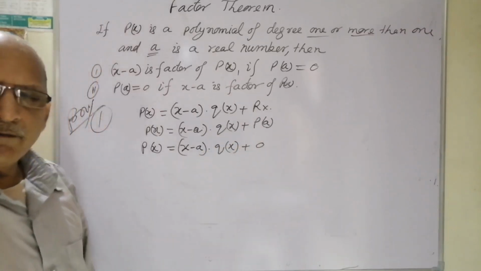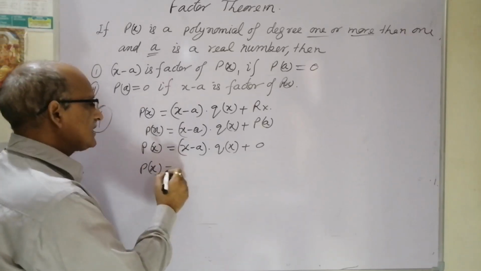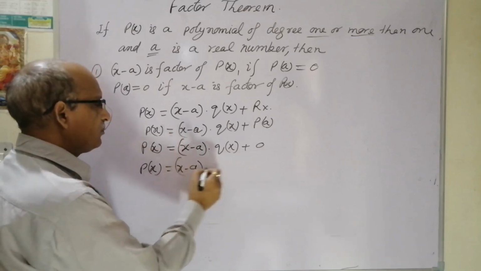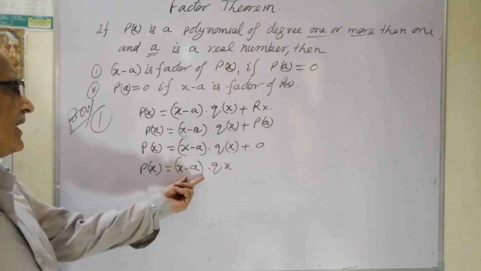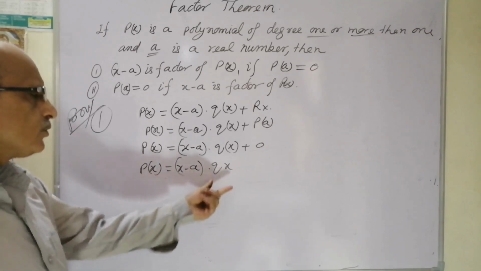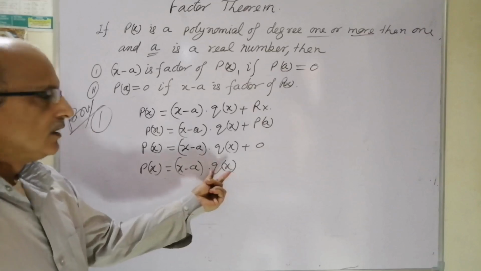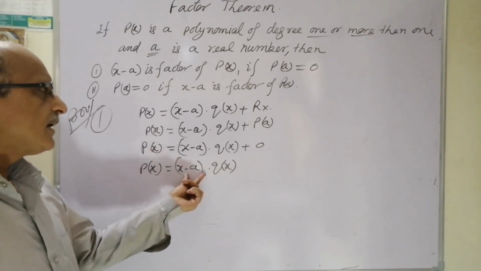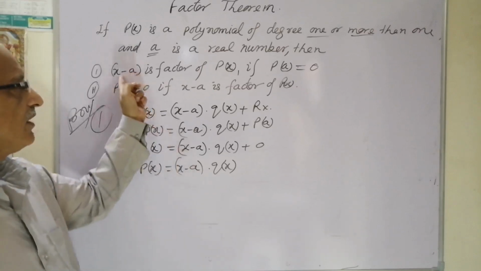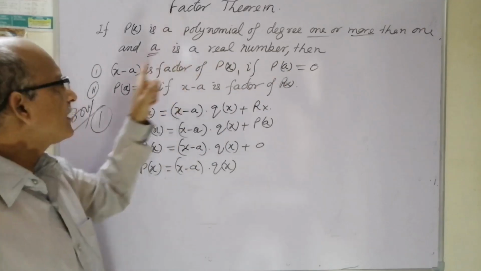Obviously 0 in addition has no importance at all, so we can see p(x) is equal to (x minus a) into q(x). It means x minus a is a factor of p(x), also q(x) is a factor. q(x) means a polynomial in x, so q(x) is also a factor of p(x), but we have to work on x minus a only.